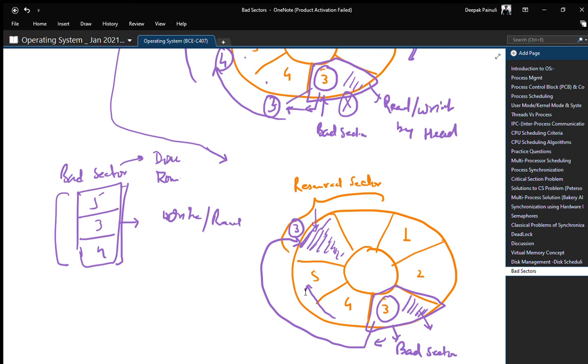Just after the bad sector, we simply reindex our bad sector index number to the reserved sector, right, which is not indexed previously. And after reindexing, we will just put this sector number to the reserve sector and put it in the sector list. Right now, the new sector number 3 will be one of our reserve sectors, right, and the bad sector will be unreadable because it won't come under our sector list, right.